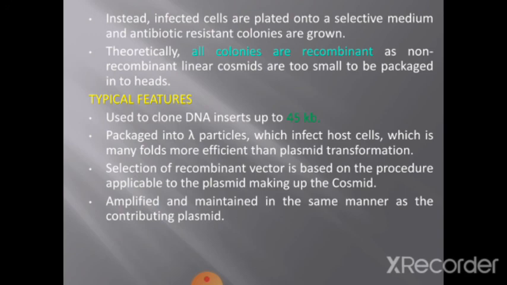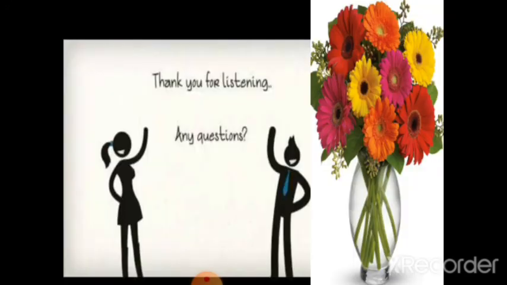Then selection of recombinant vector is based on the procedure applicable to the plasmid which goes into the formation of the cosmid. What type of plasmid you select to design a cosmid will decide the type of selection of recombinant vector. Then these cosmids are amplified and maintained in the same manner as the contributing plasmids. So these are all the typical features of a cosmid.